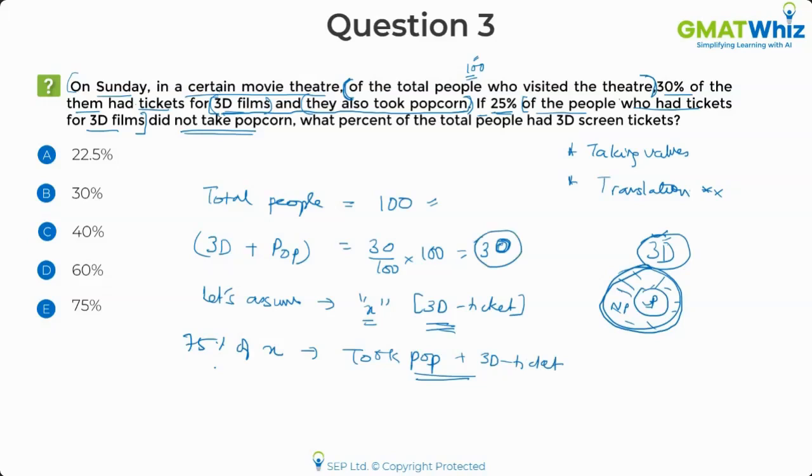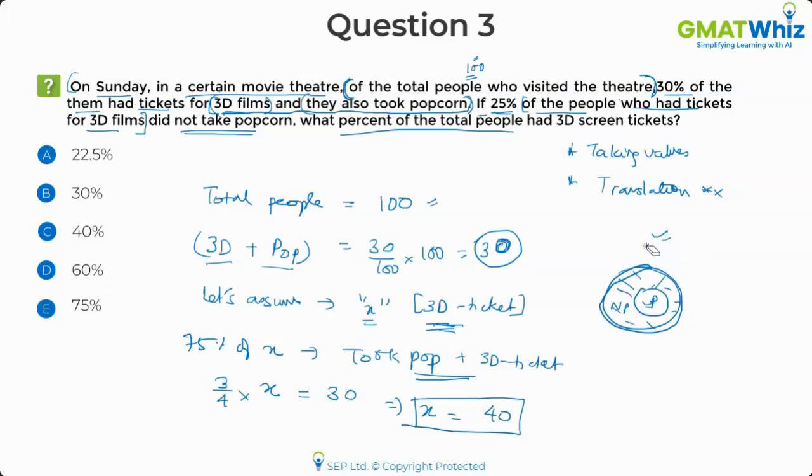So 75%, which is 3/4 of all the people who had 3D tickets, out of that, 30 had 3D tickets and popcorn. So total people who had 3D tickets is basically 40. And the question is, of the total people, so keep in mind, percent of the total people. So the denominator will be total people.